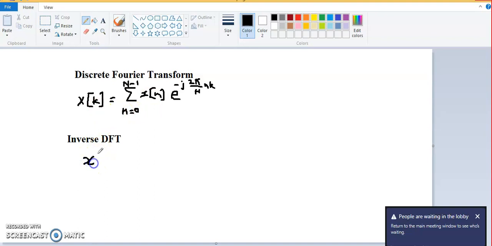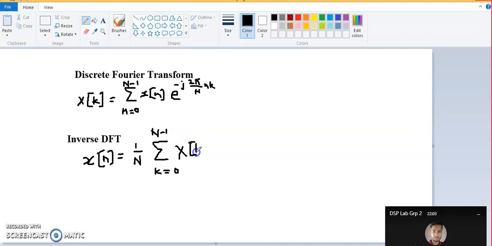So x[n] is given by 1 by N, summation k changing from 0 to N minus 1, X[k] times e raised to the power, here the twiddle factor has a negative value, that is plus j 2 pi by N nk.